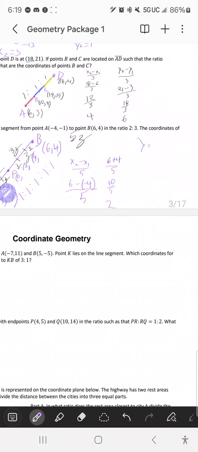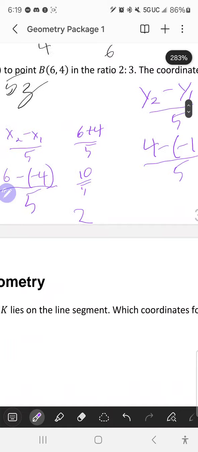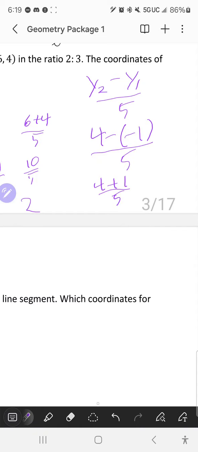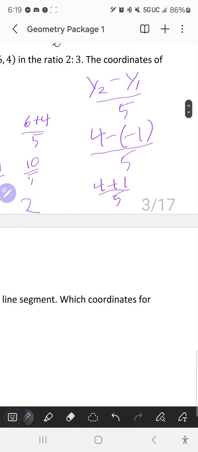We have y2 minus y1 divided by 5. y2 is 4 minus y1 is minus 1 divided by 5. They are both negative, so it's the same as 4 plus 1 divided by 5, which is equal to 5 divided by 5, which is the same as 1.